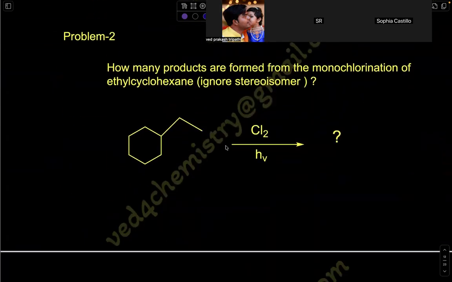So here we have to ignore the stereoisomers. What does it mean? It means if any of the products have a chiral center, then you know that it has two stereoisomeric products, like one is the R form and one is the S form. So here in this case, the possible radicals are this one.